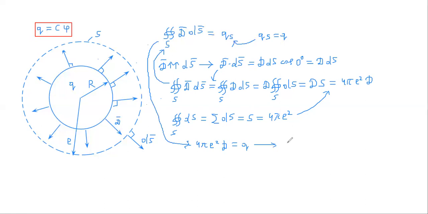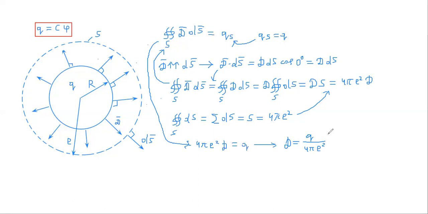From here we have obtained that the modulus of the electric displacement vector is equal to Q divided by 4 pi L squared. It is for the electrostatic field outside the ball or sphere. Inside, it is equal to 0.